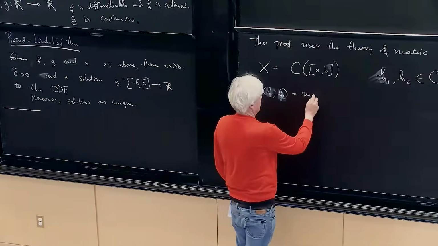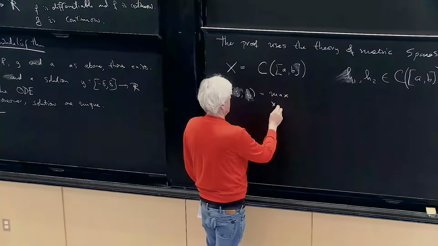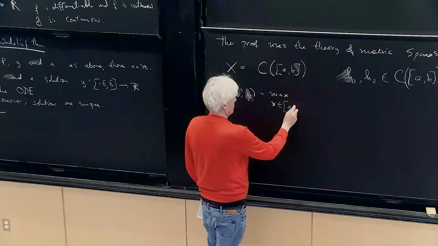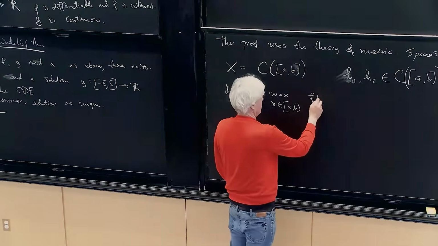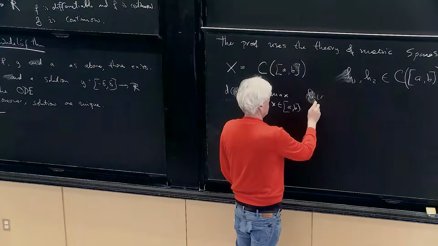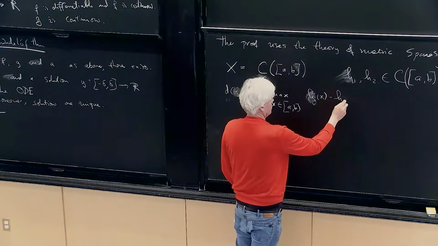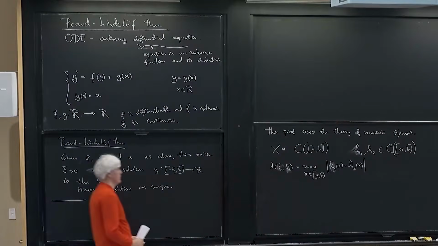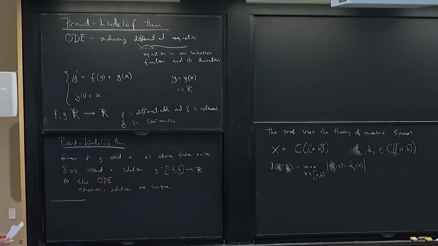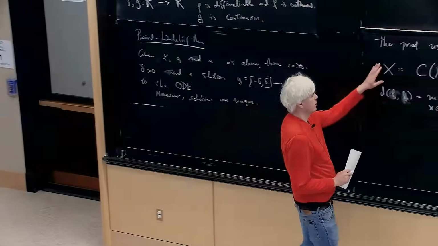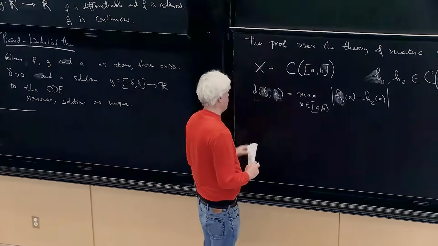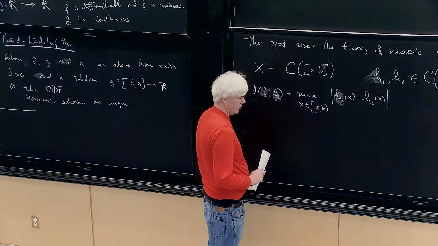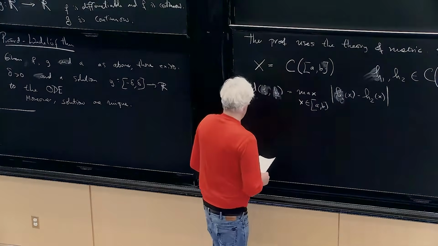This is just the maximum over x in this interval of the absolute value of h1 of x minus h2 of x. So this is the distance on the space of continuous functions that we have looked at a lot. Okay, and it's actually not quite this space, as I mentioned last time. It's a ball in this space that it is using.